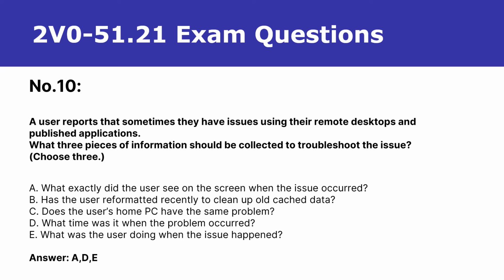B. Has the user reformatted recently to clean up old cached data? C. Does the user's home PC have the same problem? D. What time was it when the problem occurred? E. What was the user doing when the issue happened? Answer A, D, E.